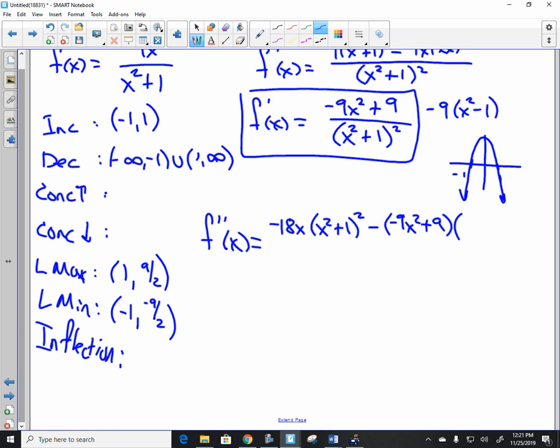The derivative of the bottom, which requires the use of the chain rule. U squared with u equal to x squared plus 1, so I have 2u and I have 2x. So I get 4x times x squared plus 1. All over what?